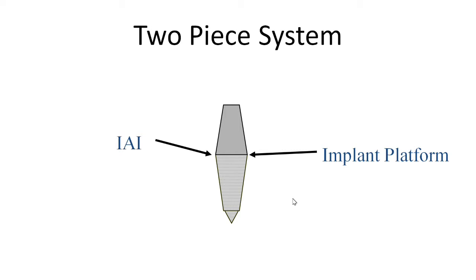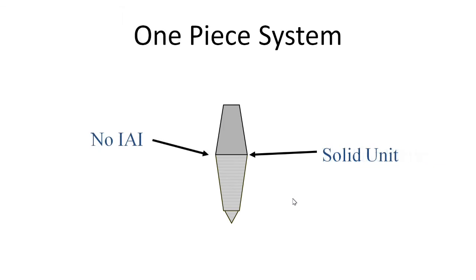And that interface is very important in maintaining soft tissue and bone levels. And again, in another lecture, we'll be discussing implant abutment interfaces. A one-piece implant, one of its big advantages, of course, is because it's solid, it has no implant abutment interface. You will only have an implant abutment interface on a two-stage system.